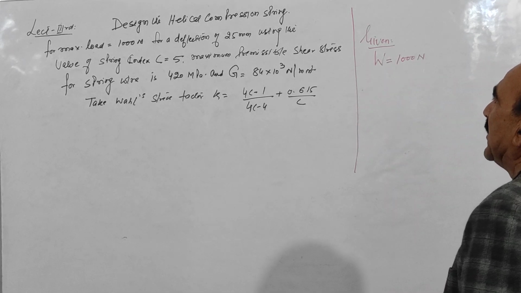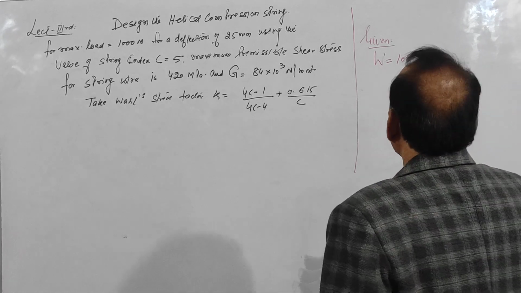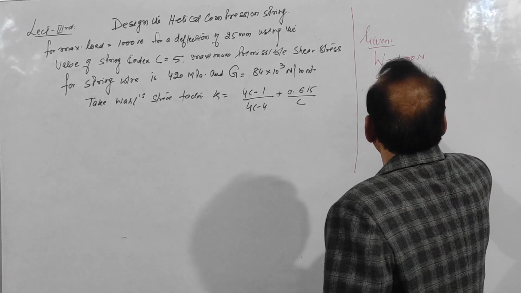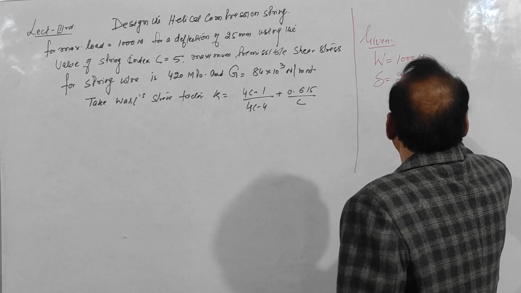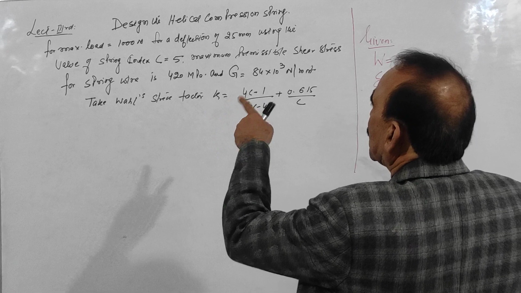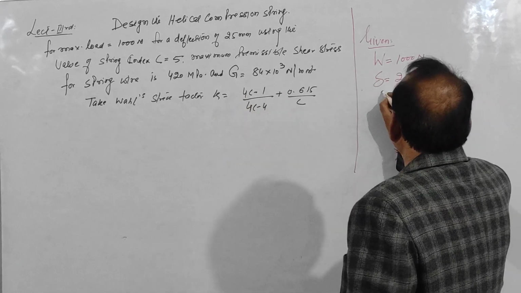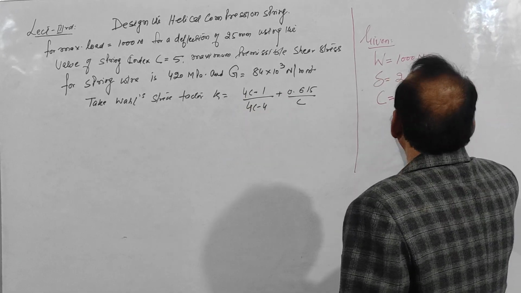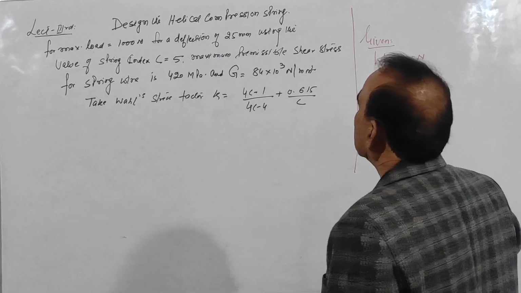For a deflection of 25 mm, so deflection is also given, this is 25 mm. Using the value of spring index C is given to you, this is 5. This is spring index.